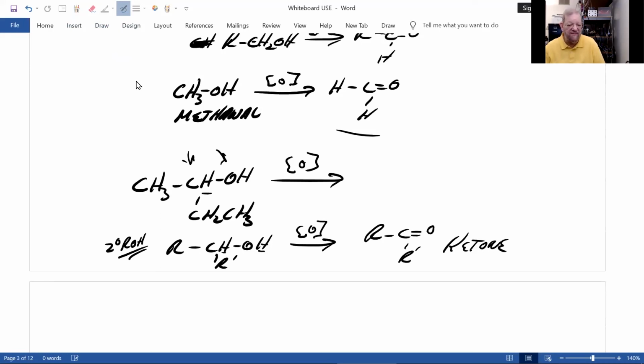So here, if you take and react that, what do you get? I'll call this R. I'll call this R prime. They're still attached to the carbon with the hydroxyl group, which becomes this carbon.